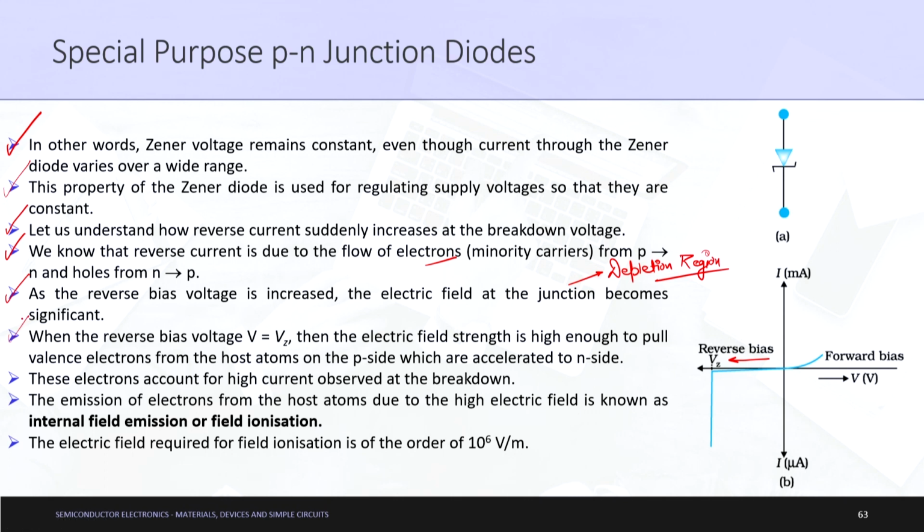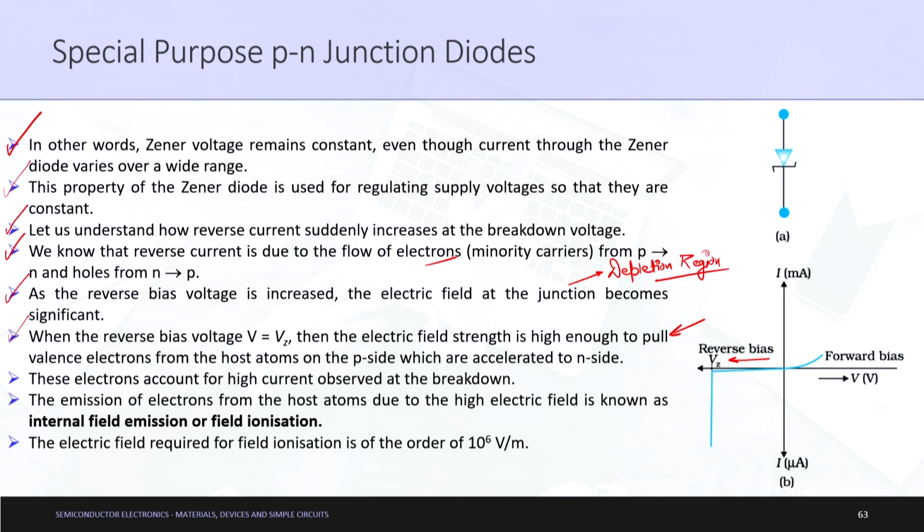When the reverse bias voltage V is equal to Vz, then the electric field strength is high enough to pull the valence electrons from the host atoms on the p side, which are accelerated to the n side. This is a very important concept, a basic principle which is happening there.